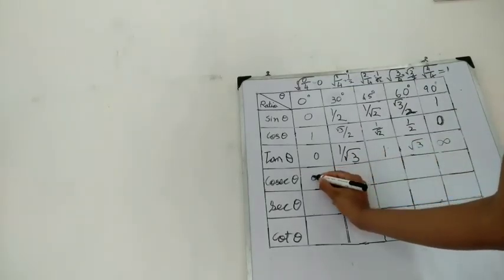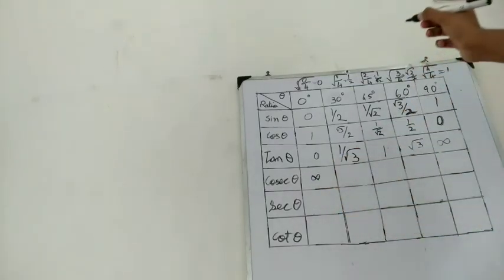So again we found the value of another ratio. Now we go for cosec. Cosec is nothing but the inverse of sine. So just the inverse. Inverse of 0 is infinity, can't be defined.